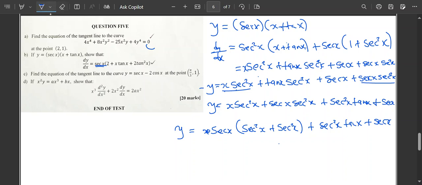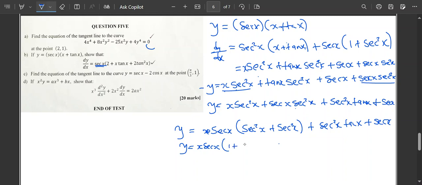Okay, so we don't have this identity. We don't have this sec x plus sec x. Where is this coming from? From here, sec x and sec x. So instead, I'll have y equal to x sec x, open bracket. Sec squared x is the same as 1 plus tan squared x.